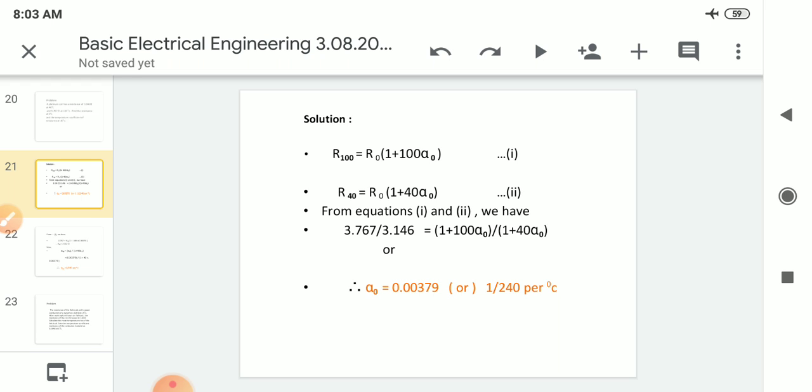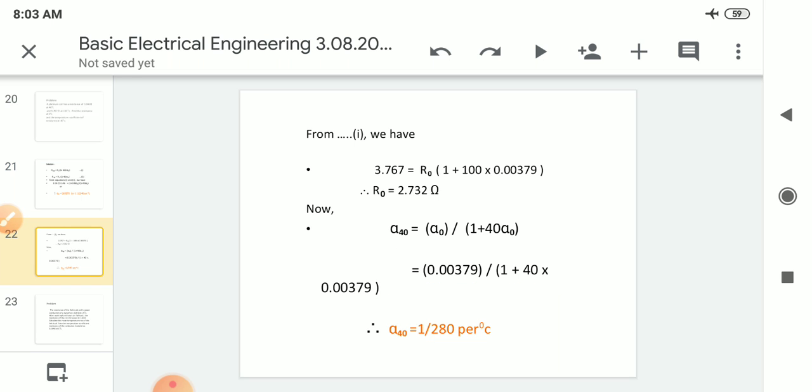After writing this equation, what is our next step? Our next step is we have to divide these two equations. Then we are simply getting our alpha value. In this question they are asking R naught.